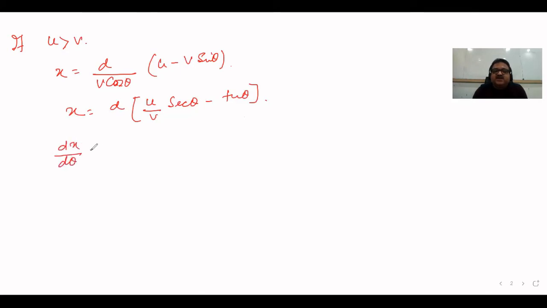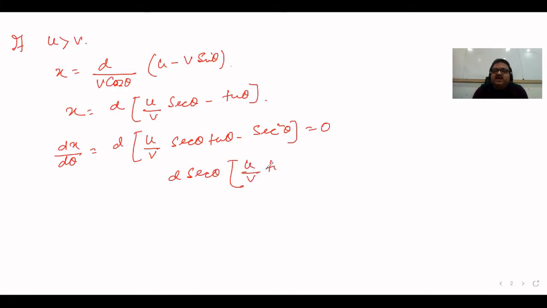dX by d theta is equal to what? D times (U by V, derivative of sec theta is sec theta tan theta, and derivative of tan theta is sec square theta), correct? Which is equal to 0. Now take sec theta common, therefore it is equal to U by V tan theta minus sec theta is equal to 0.